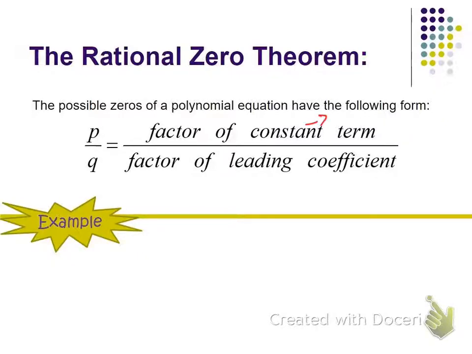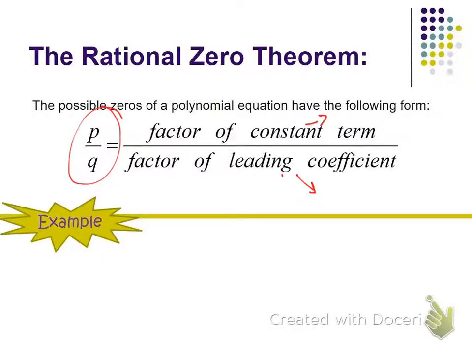So list all of the factors of the constant term, and then list all of the factors of the leading coefficient. That's the first coefficient. And then use those factors and create fractions, basically. And those fractions will give you possible zeros.